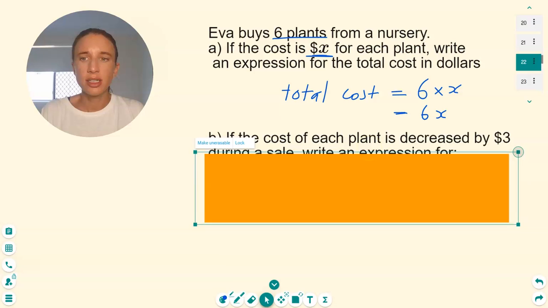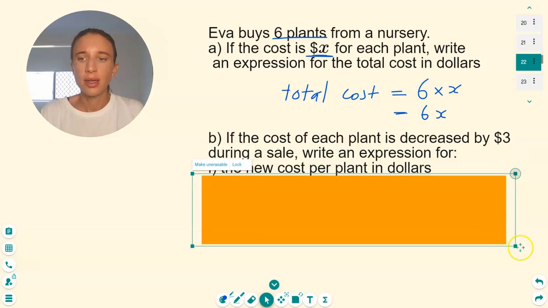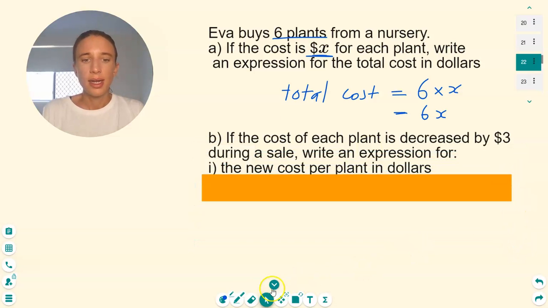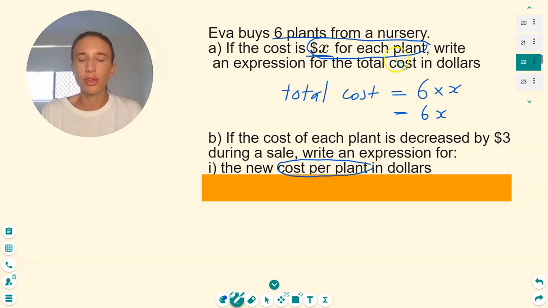Now let's check out the next one underneath here. If the cost of each plant is decreased by $3 during a sale, write an expression for the new cost per plant in dollars. So this is the current cost per plant, the cost for each plant.